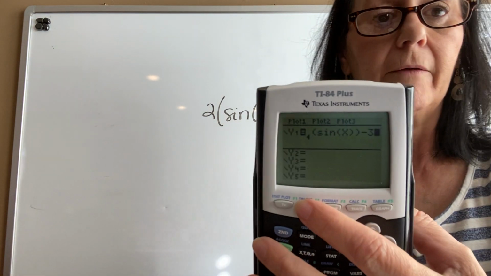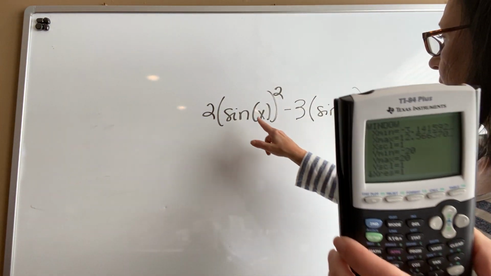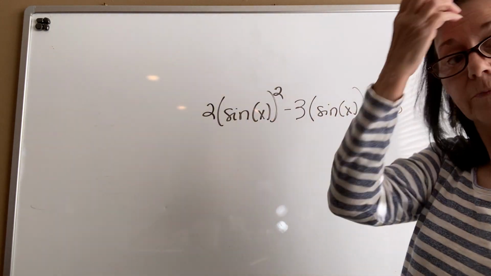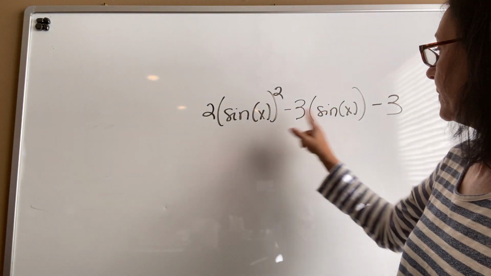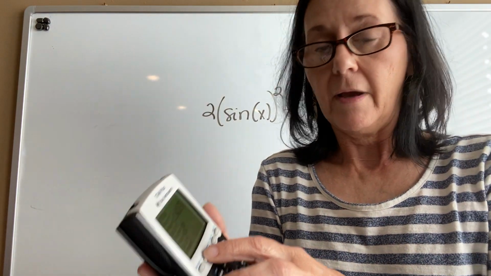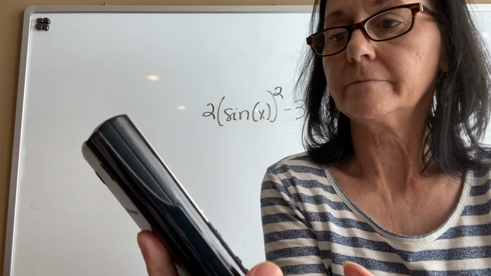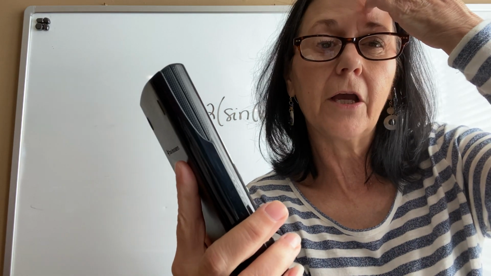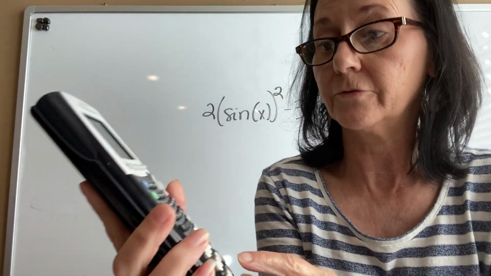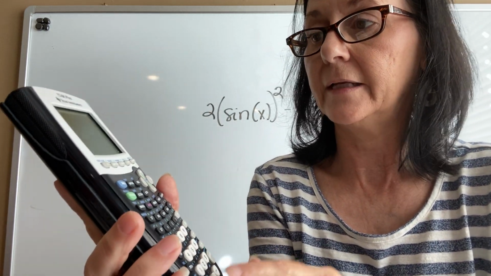Now, for my window, let's look. So the period is still 2 pi because there's no b value, or b is 1, all right? So when I look at my window, I'm going to go a little bit negative so I can see it. So maybe we'll go negative 90 degrees. That's one quadrant.